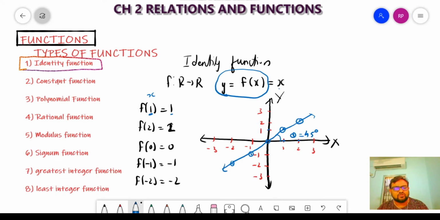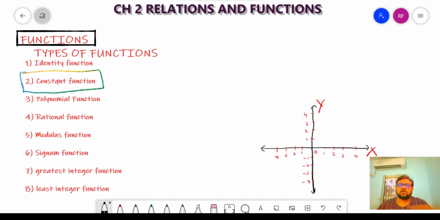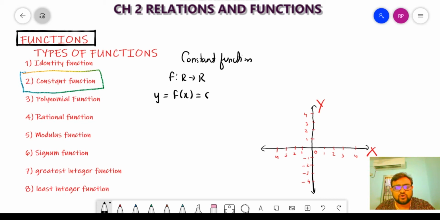Now let's do the next type of function, that is the constant function. If I take again a function from R to R, but now y = f(x) = c, meaning any constant, then we will say it is a constant function. Let's take f(x) = 3.